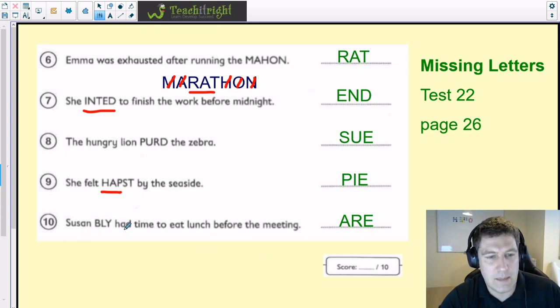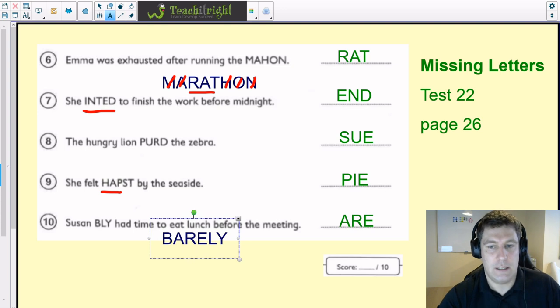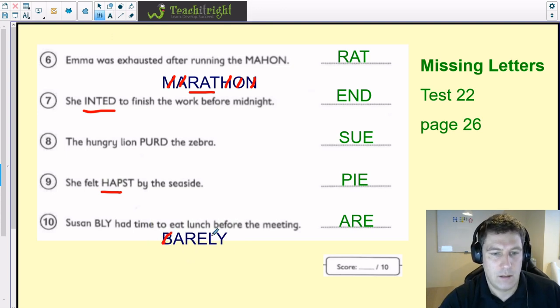So the word we're looking for here is barely. In other words, she had very little time before the meeting began. So if we were to very quickly type out barely, you can see if we cross out the letters we were given, the B, the L and the Y, then we're left with R.